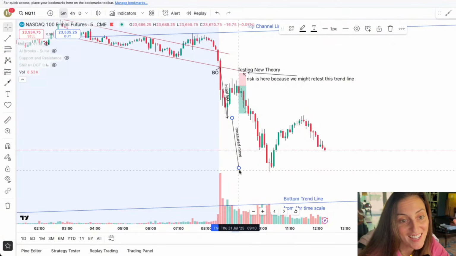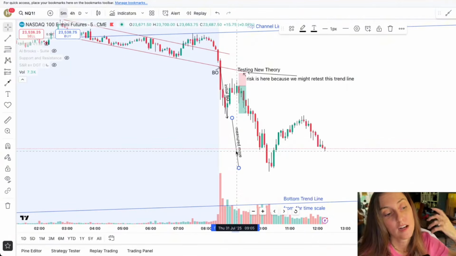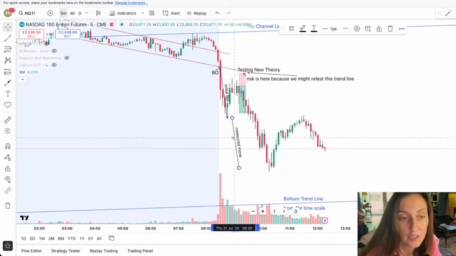And if you look at where we actually ended up going, it is super close to being exactly a measured move. So that's probably where a confident trader would have put their take profit.